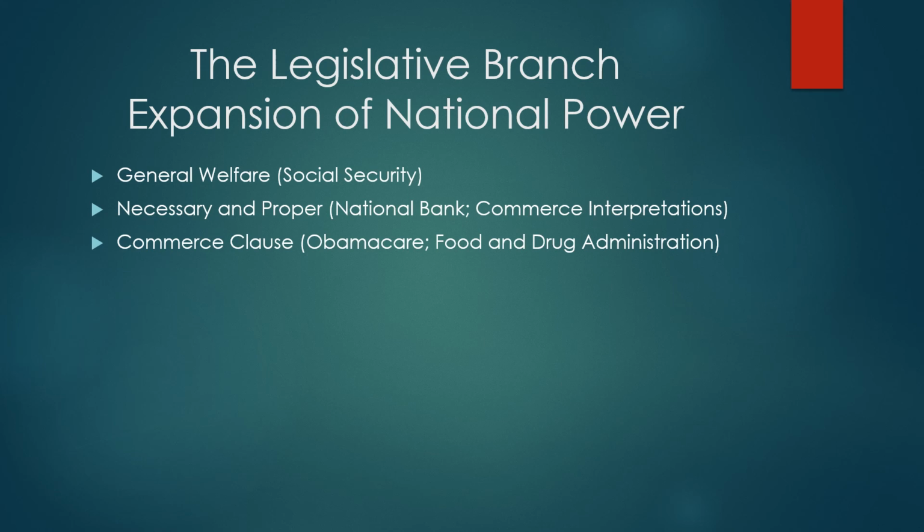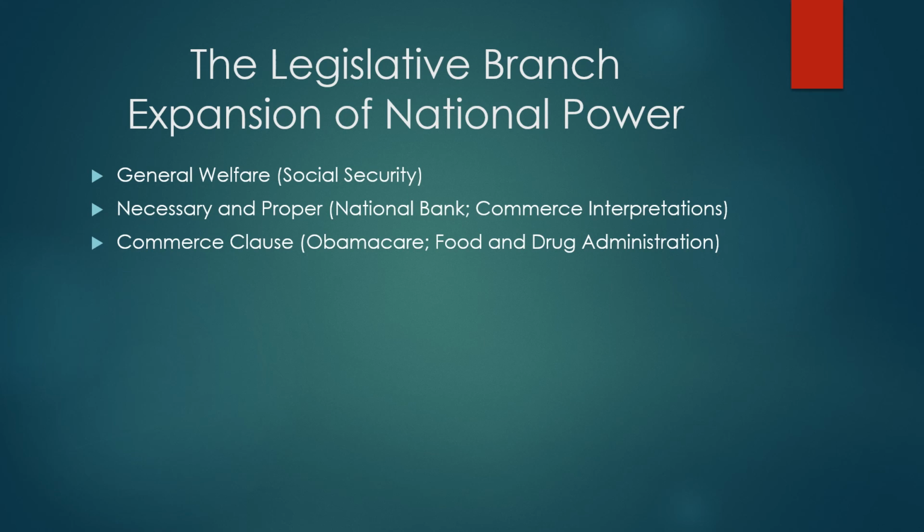Commerce Clause itself, we've used that to do healthcare, to do minimum wage laws, to do labor laws. The Department of Education comes out of interpretation of the Commerce Clause because you have to have an educated workforce.